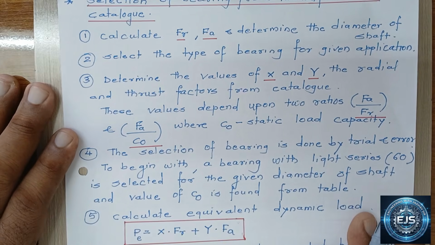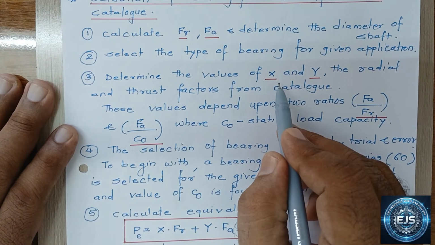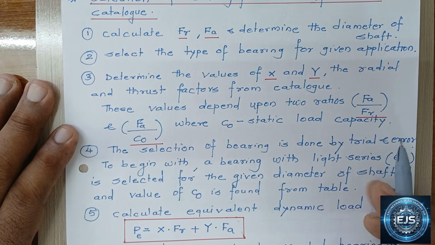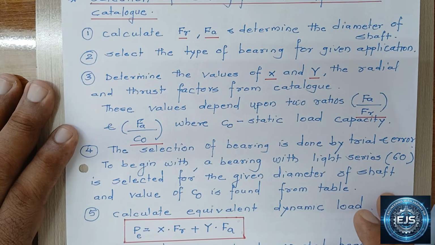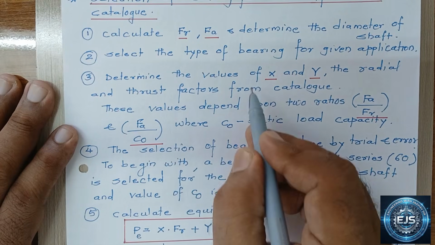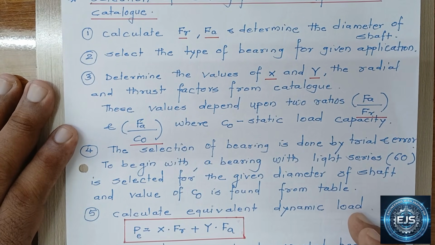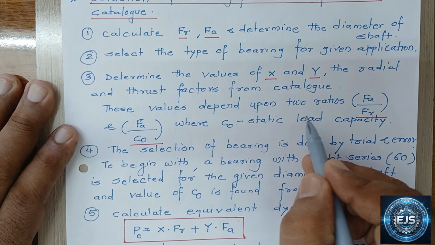Then third step is determine the values of radial load factor and axial load factor. So these values of X and Y we have to choose from the catalogs or from the table. Generally these values depend upon two ratios.